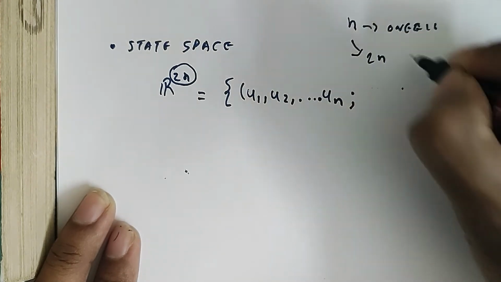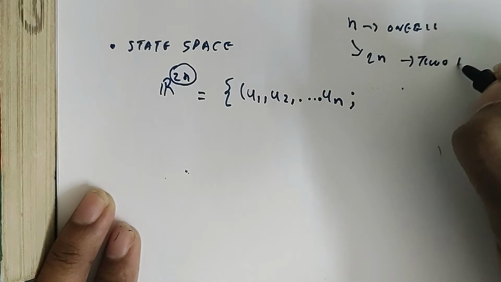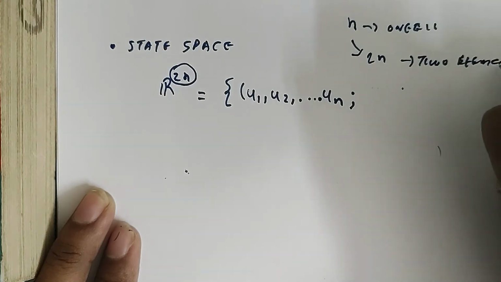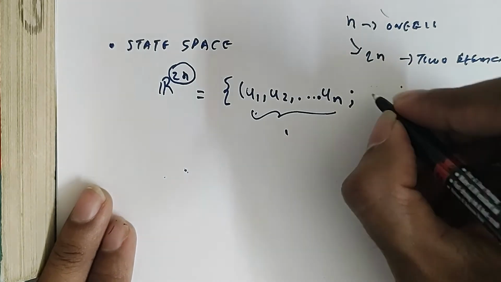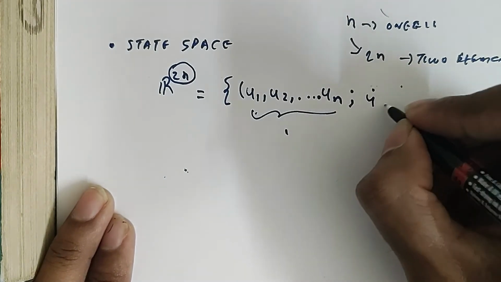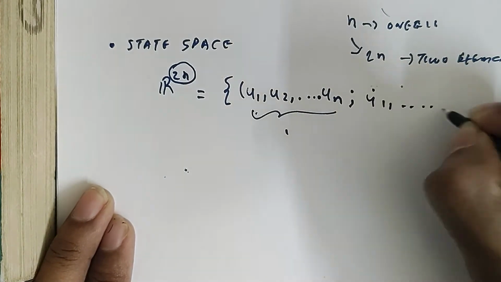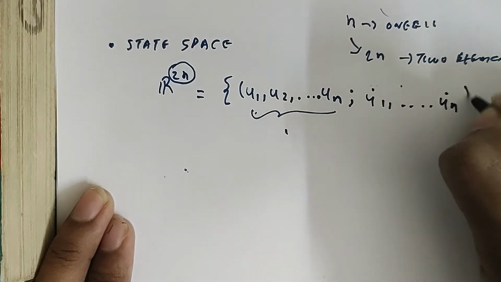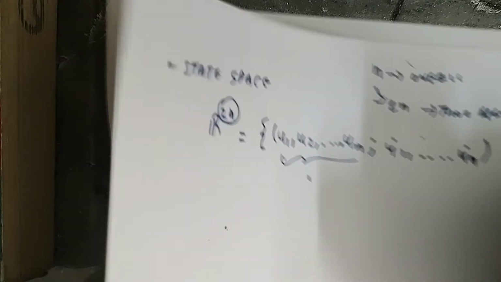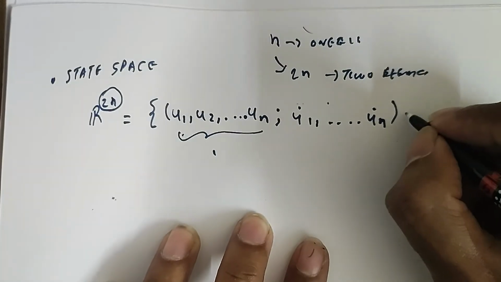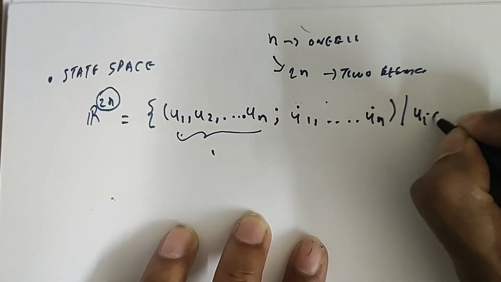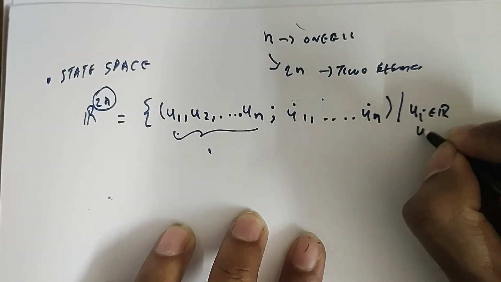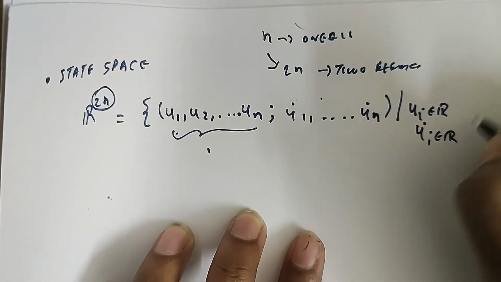If there is a 2n element, this implies there will be two sets of elements. One is this, and the other, surprisingly, is the velocity: u̇1, u̇2, up to u̇n, where I'll give the condition for each of them: u_i belongs to R and u̇_i belongs to R.